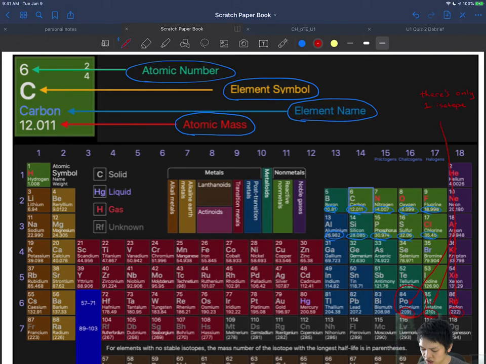And if you're trying to get the average of something where there's only one isotope, you're going to get the same number, right? There's no in between. Every polonium atom has a mass of 209. So there is no decimal number. It's guaranteed, right?